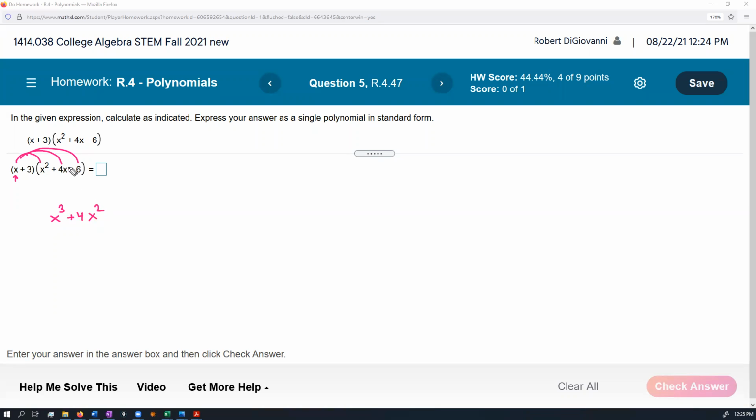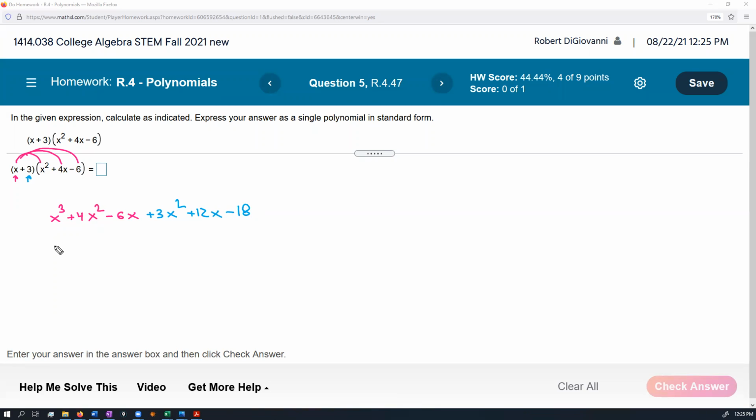And then x times -6 gives us -6x. Once we've done that, we move on to the next number in the parentheses, which is a +3. And we distribute a +3 through the parentheses. So +3 times x squared gives me +3x squared. +3 times +4x gives me +12x. And +3 times -6 gives me -18.